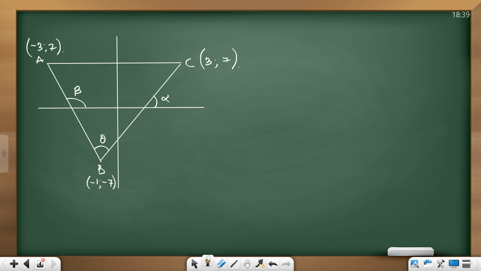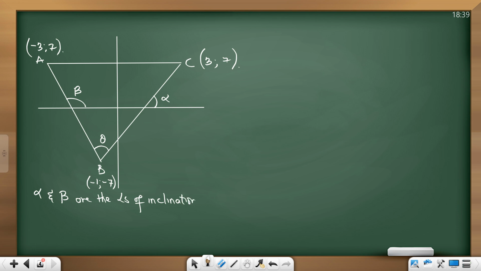Please draw as quickly as possible. I only have two angles of inclination here, which is alpha and beta. Alpha and beta are the angles of inclination.